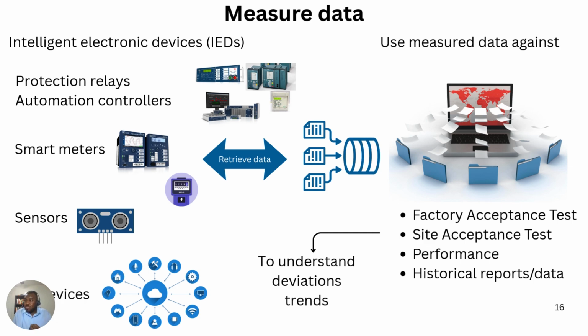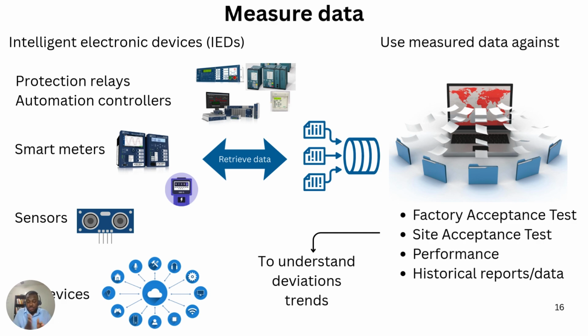Based on that input, we already have a factory acceptance test report or site acceptance test report, and then the performance of the grid. Every grid has a performance history and report. Based on the measured data here, we can make a comparison. Let's say you are building your AI model to predict how the grid will function.